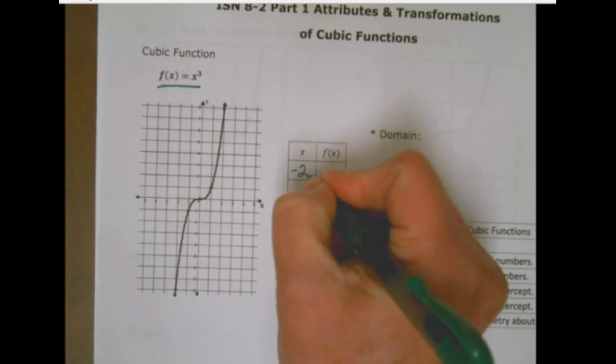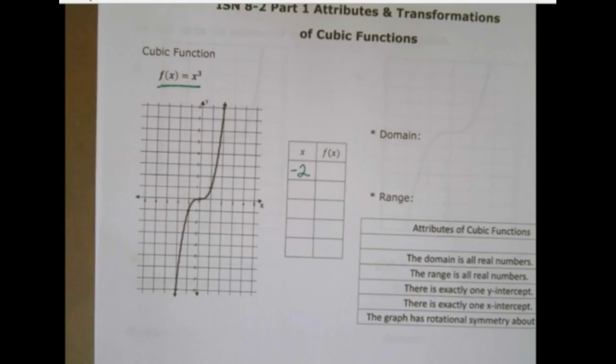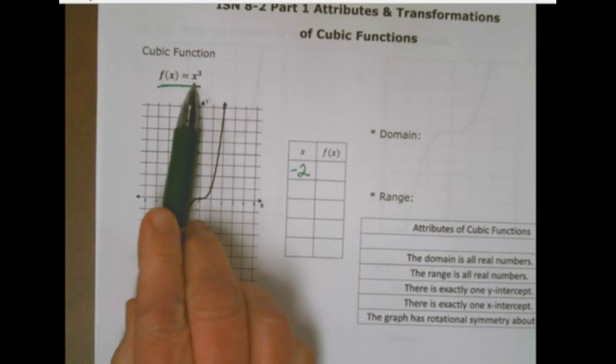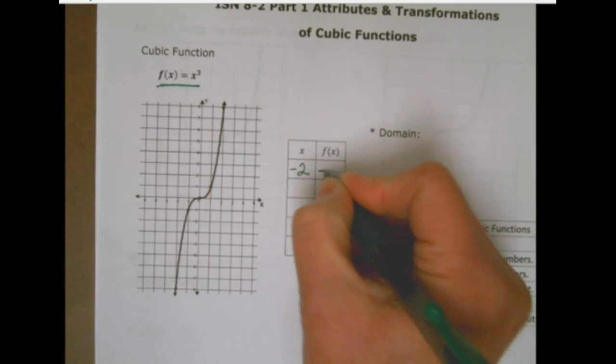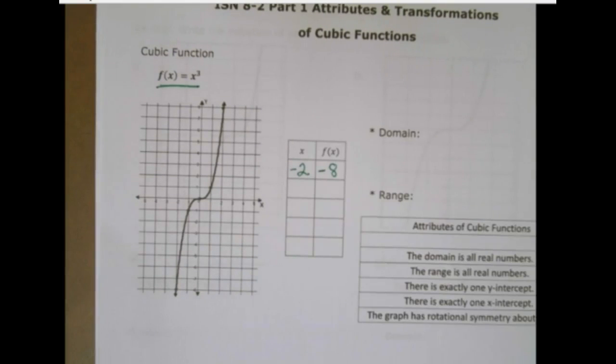So I'm going to start with negative 2. And this graph says to raise it to the third power. So what's negative 2 times negative 2 times another negative 2, otherwise known as negative 2 to the third power? Multiply that out with your calculator.